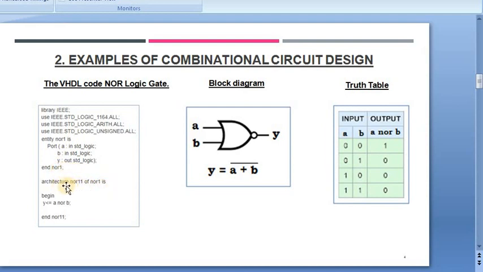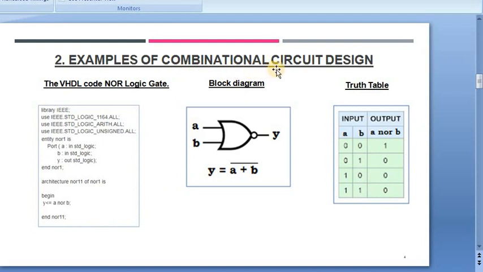The architecture part covers the basic logic as shown for the final output Y. This Y is the logical combination of inputs A and B for the logical expression Y equals A NOR B. And then this architecture is closed. This completes its VHDL code.